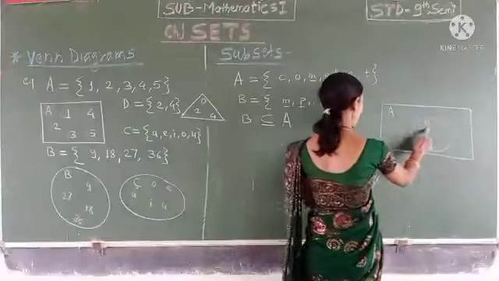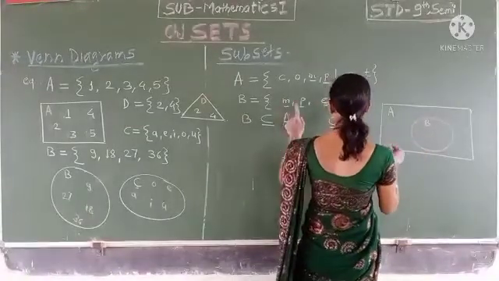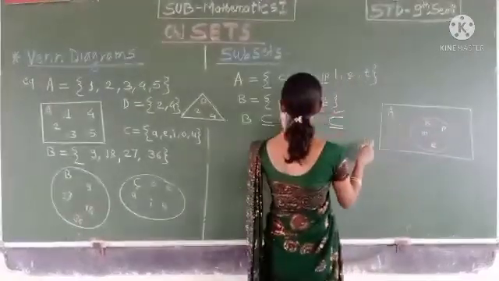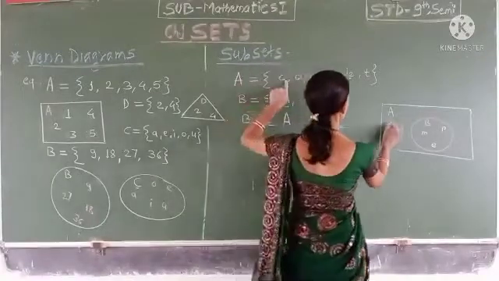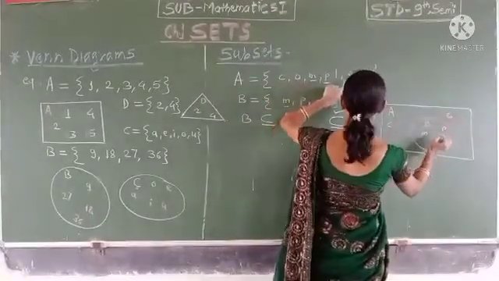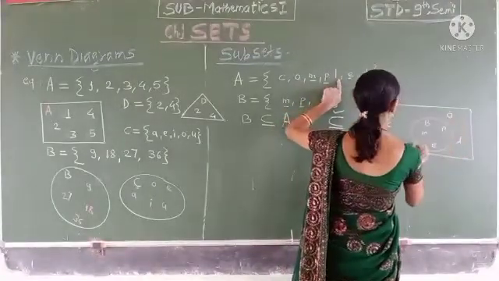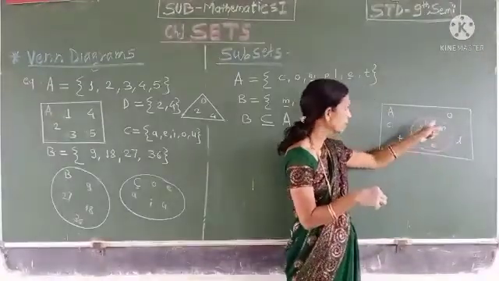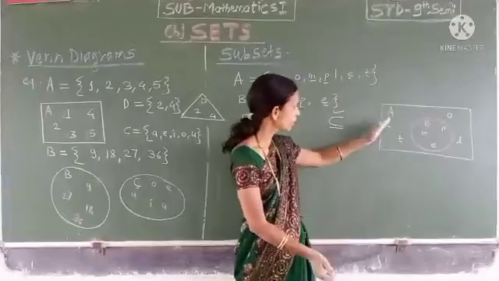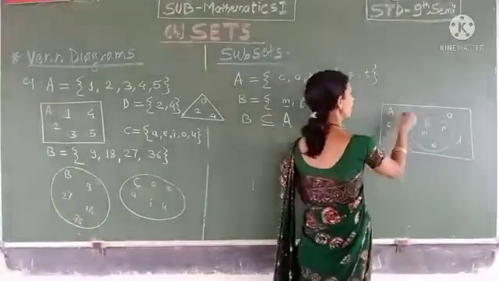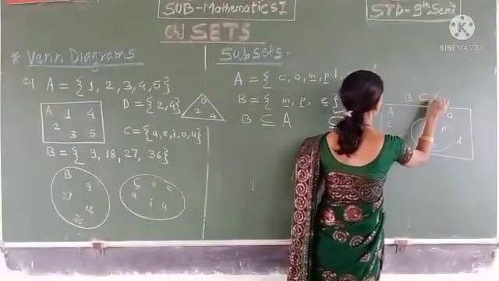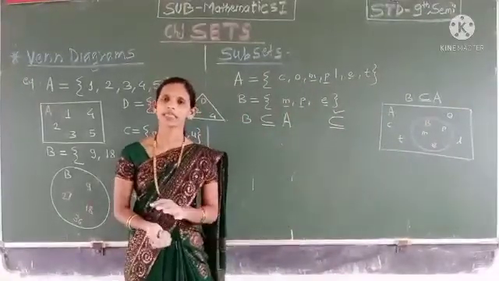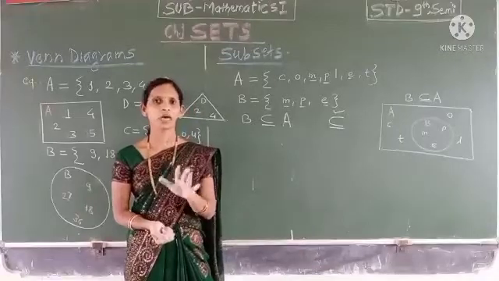Then B contains the members M, P and E, and the remaining members, that is C, O, L, and T, are present in A, as well as M, P, E. These elements are also present in A. So this Venn diagram represents that B is a subset of A. That means we can represent the subset concept by a Venn diagram also.